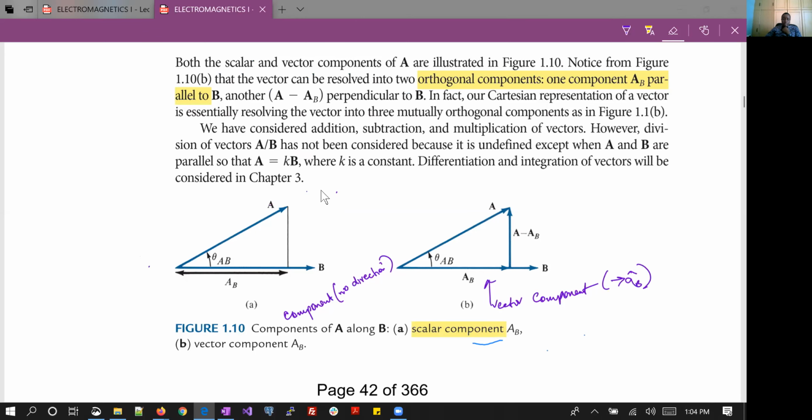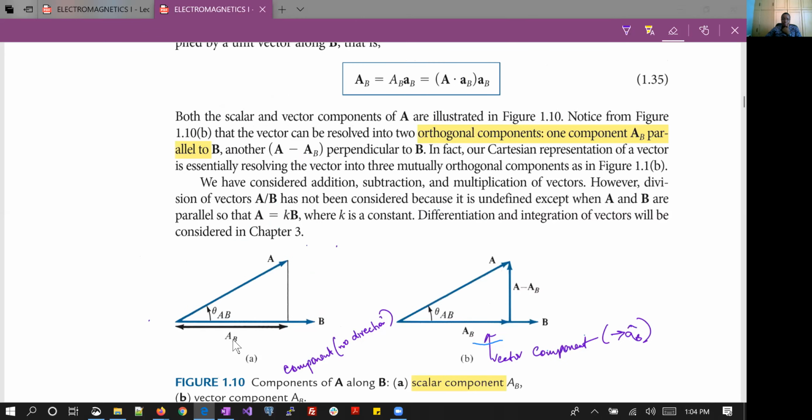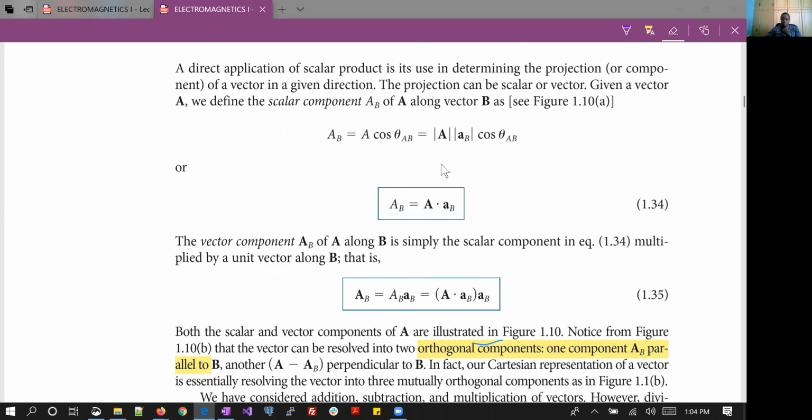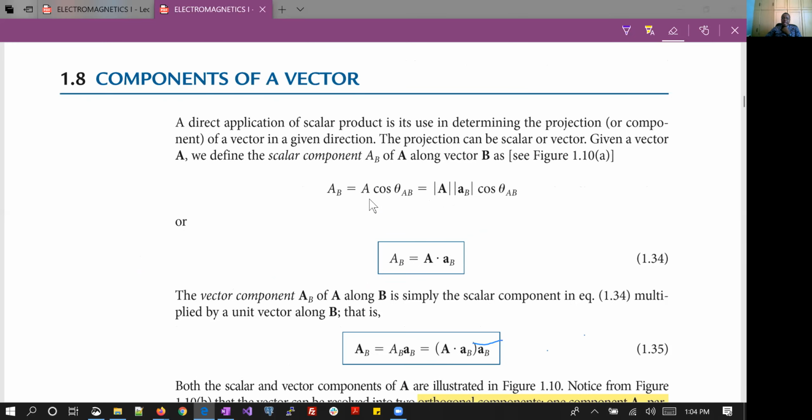Okay, so we are defining our scalar AB along B, and we're asking ourselves, AB can be expressed in terms of B, how?